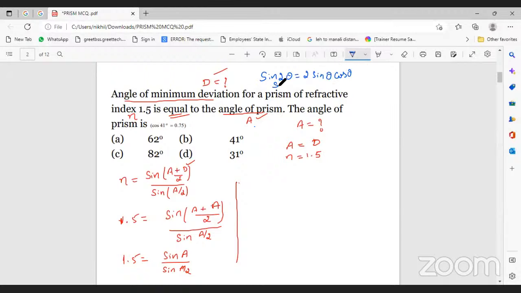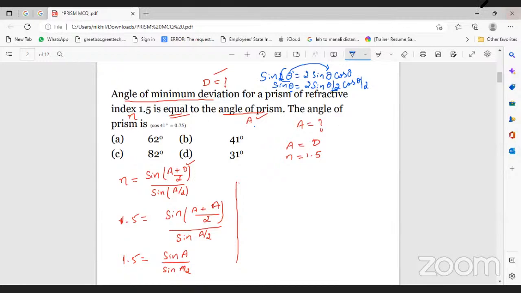If it is only sine theta, then 2 sine theta by 2 into cos theta by 2, no? If it is 2 theta here, what is it on the other side? If the angle is theta here, you have to write theta by 2.